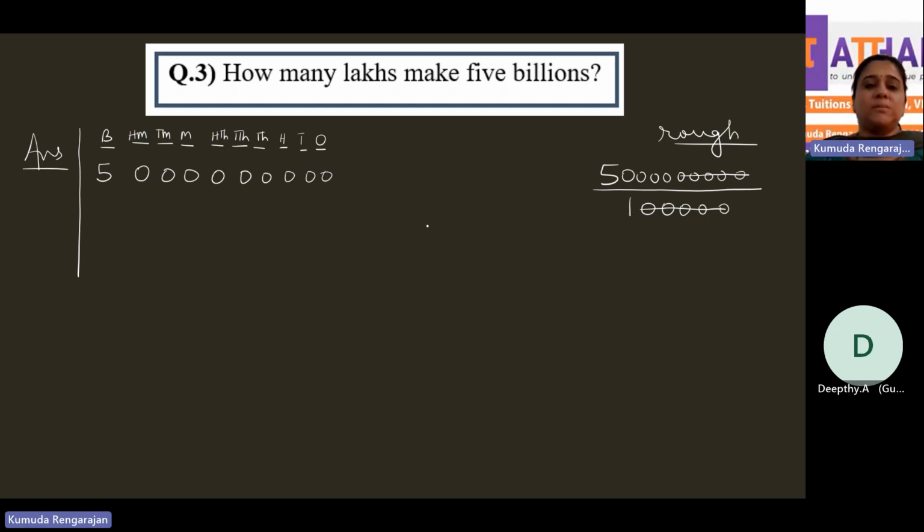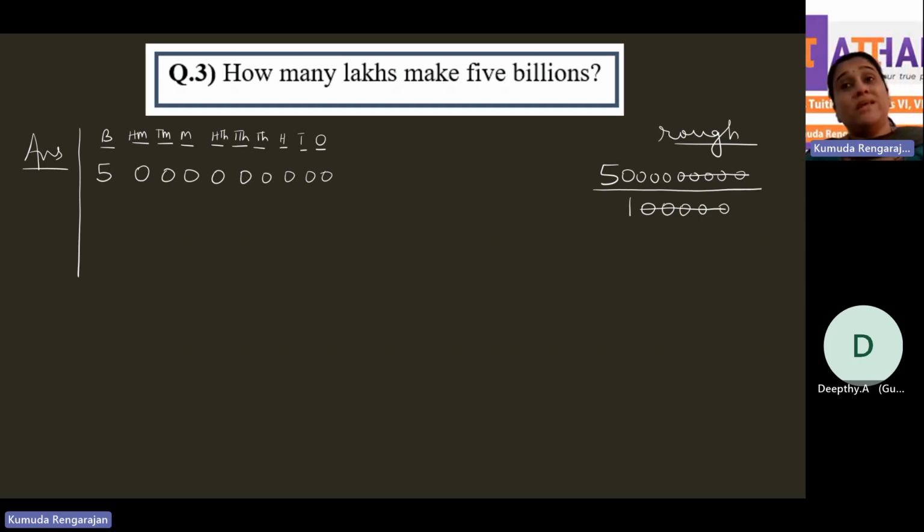So what is the procedure? First, write the number for 5 billions. For that you need to write the place value chart, using the international system: ones, tens, hundreds, 1,000, 10,000, 100,000, million, 10 million, 100 million, billion. Then represent the number that we know.